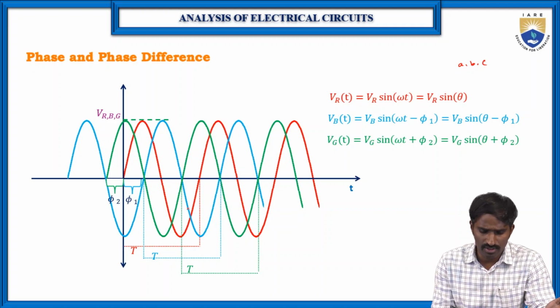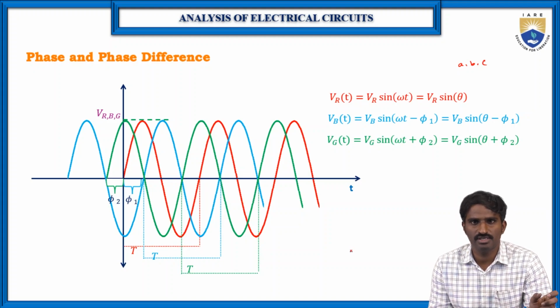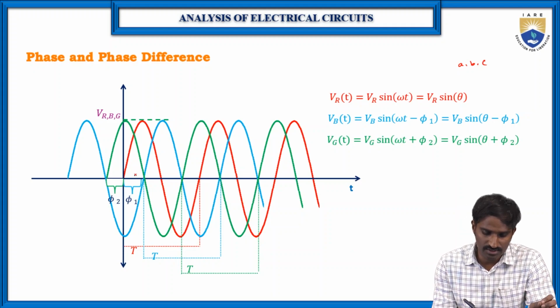Irrespective of phase or line, there are 3 various quantities. Let us consider these are the 3 phase voltages. The first voltage, VR, starts at 0, but VB starts here, and VG starts here.